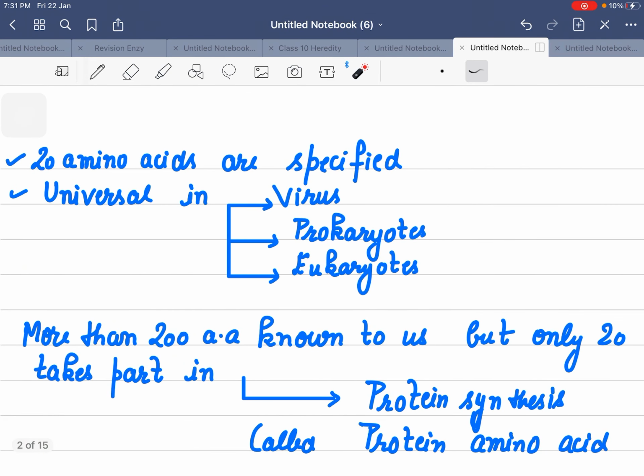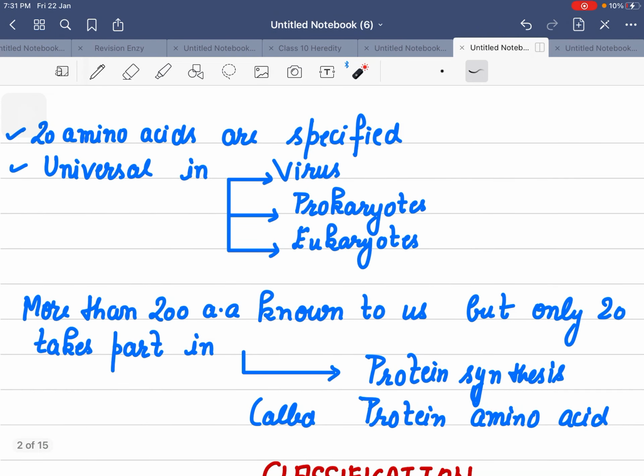Now there are 20 amino acids present in our body which play a very key, very important role in protein synthesis. The number is very well specified. These 20 amino acids are universal, present in viruses, prokaryotes, and eukaryotes, and they play a major role in protein synthesis.